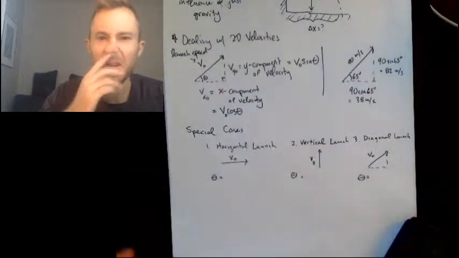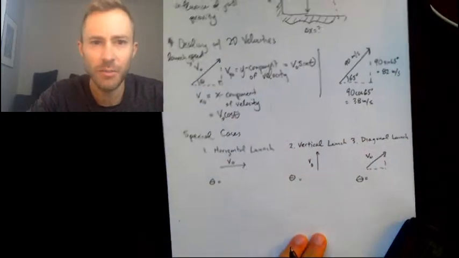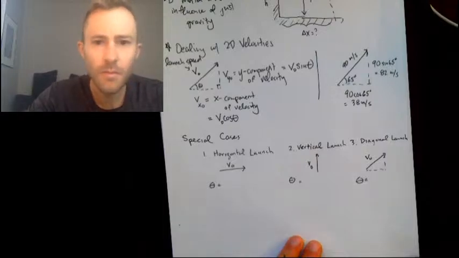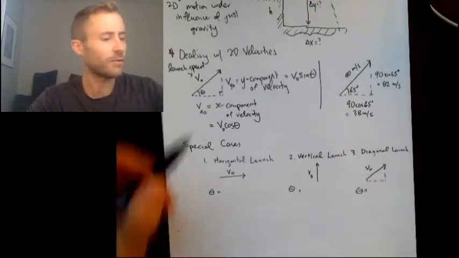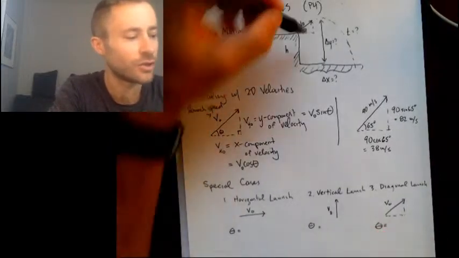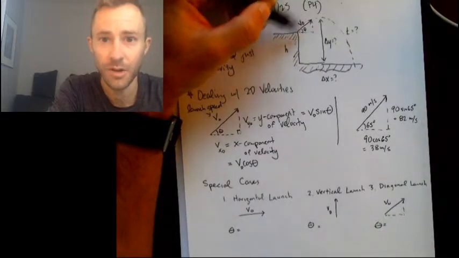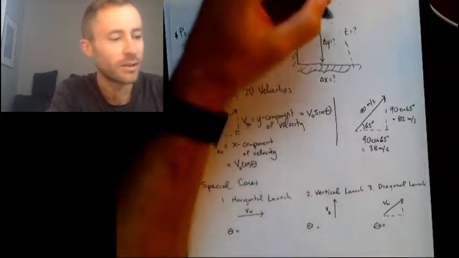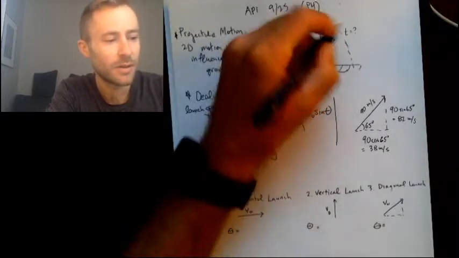While I'm waiting for you to type in what you think the answer is, let me talk for a second about V0 here. This is just the launch speed and the launch angle. As the projectile travels through the air, see how the angle changes?